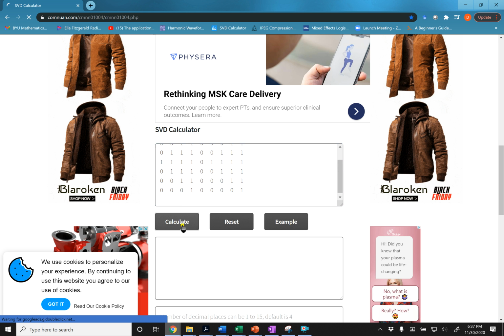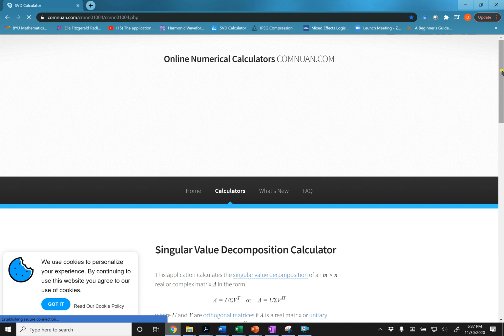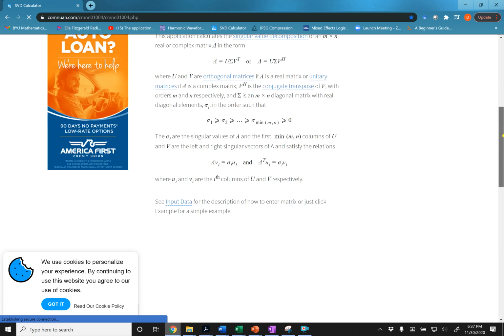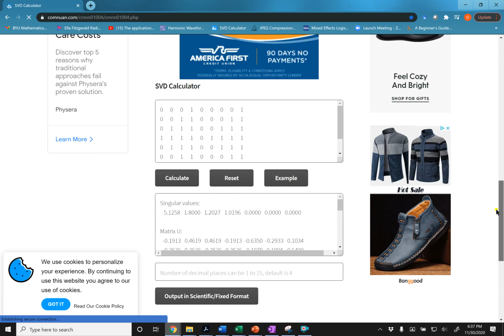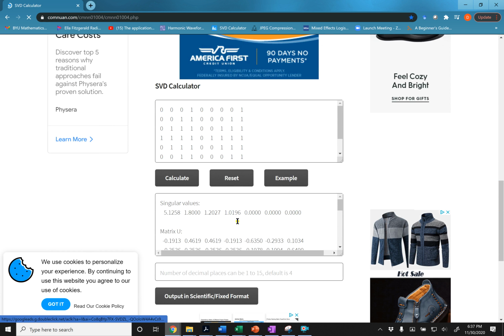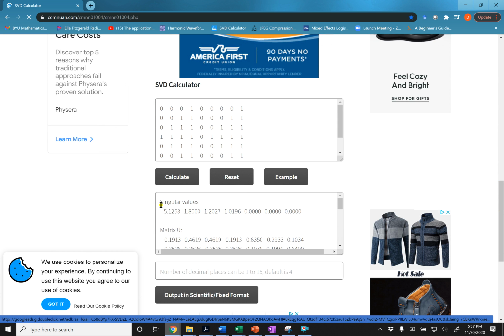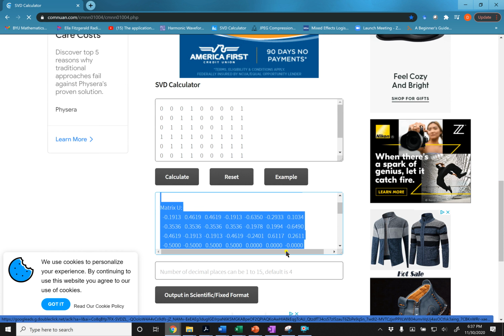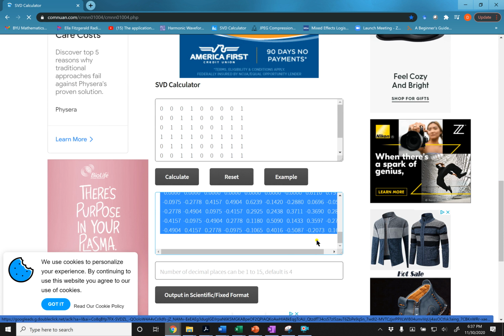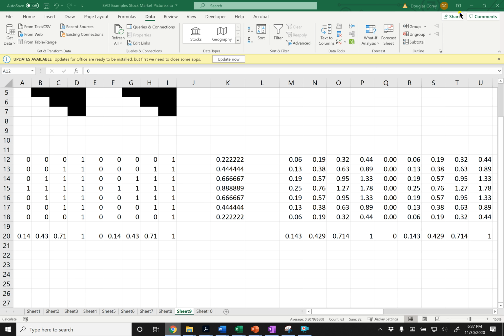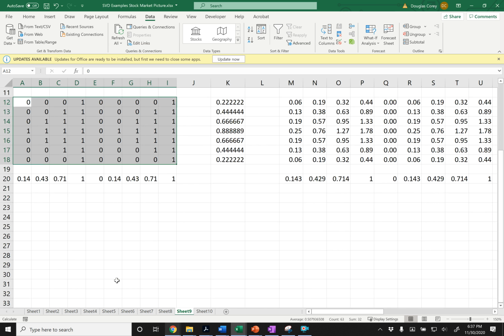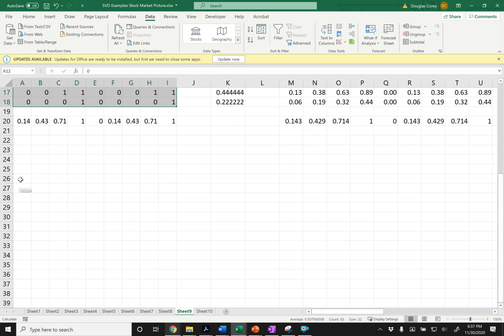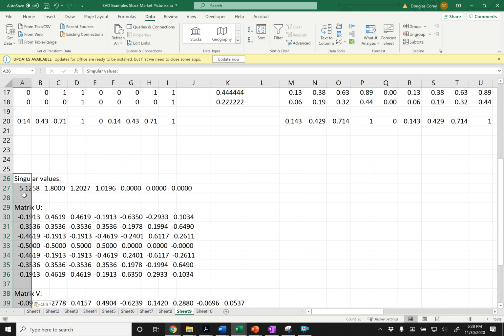And if you hit calculate, it resets and pulls up some information. I'm going to copy all of this information and put it into Excel over here.